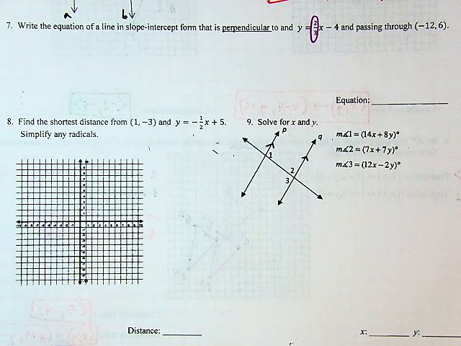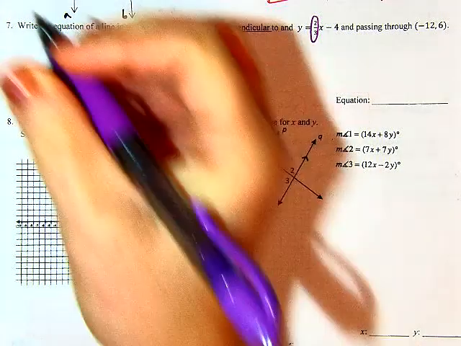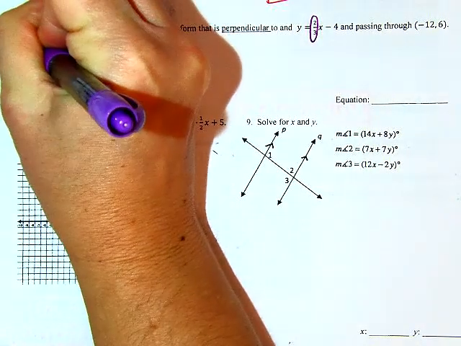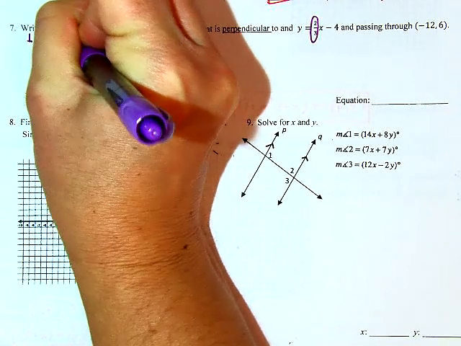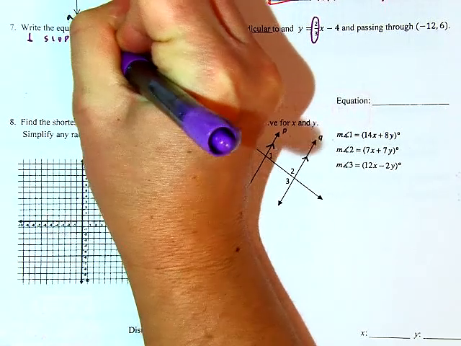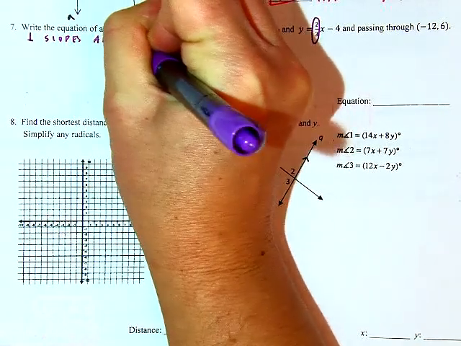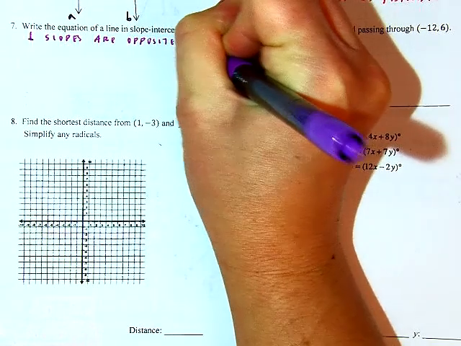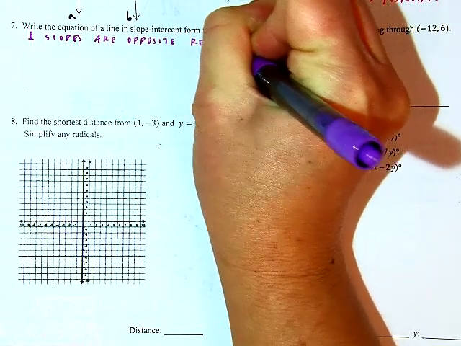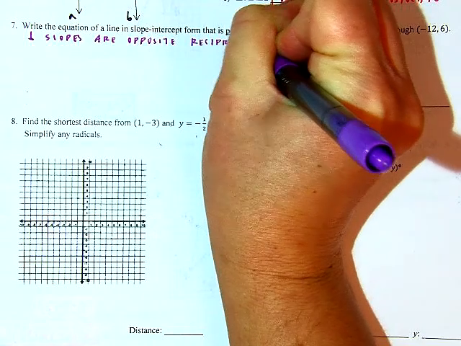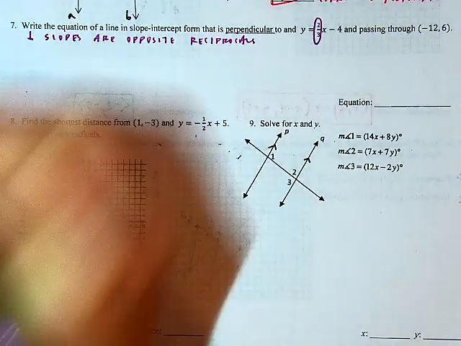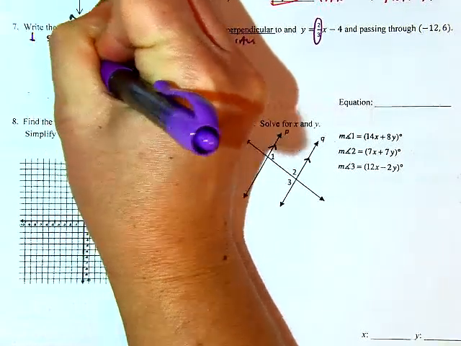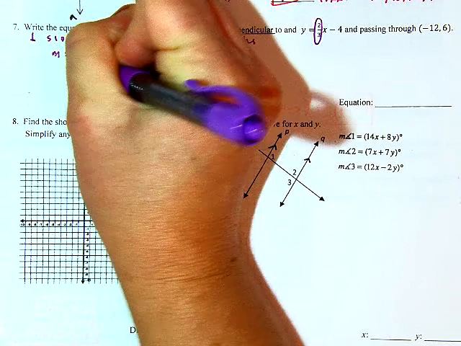We know that our slopes are opposite reciprocals. So perpendicular slopes are opposite reciprocals. So our new slope is going to be -3/2.